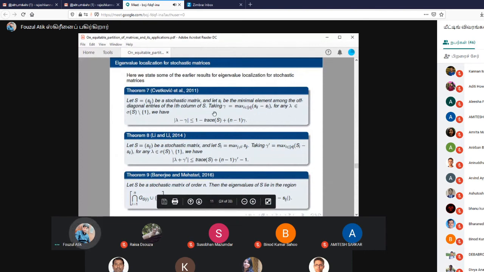There are also some other eigenvalue localization theorems for stochastic matrices: one in 2011, another in 2014, and in 2016 Ranjit and Dr. Banerjee did this result. Here they considered only the rows, and in our case we are considering columns as well and taking the intersection. So even for a stochastic matrix we will get a region that is at least the same or smaller.